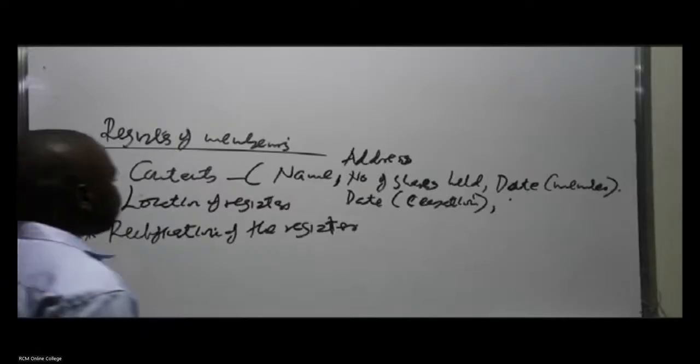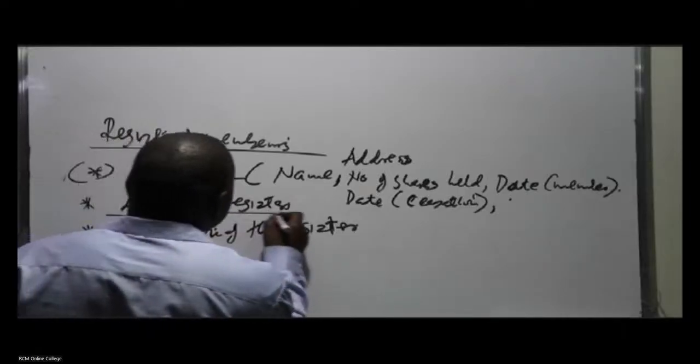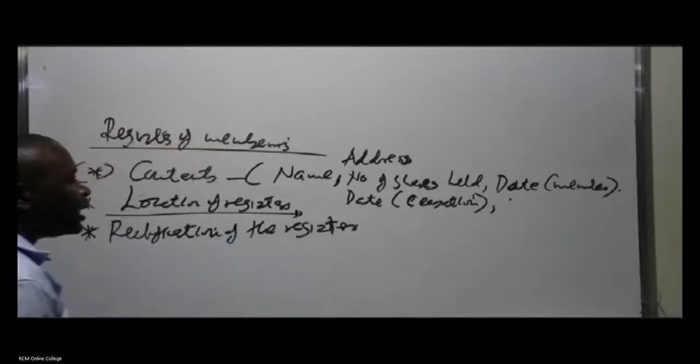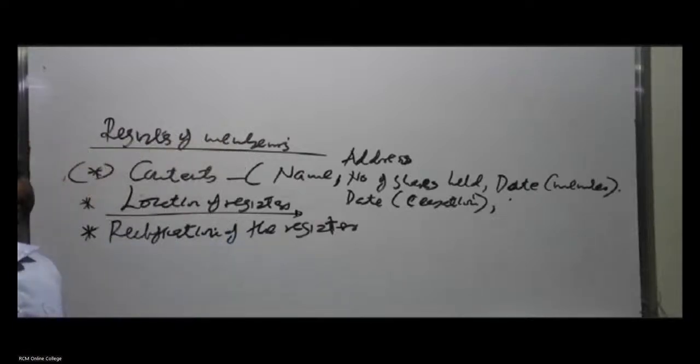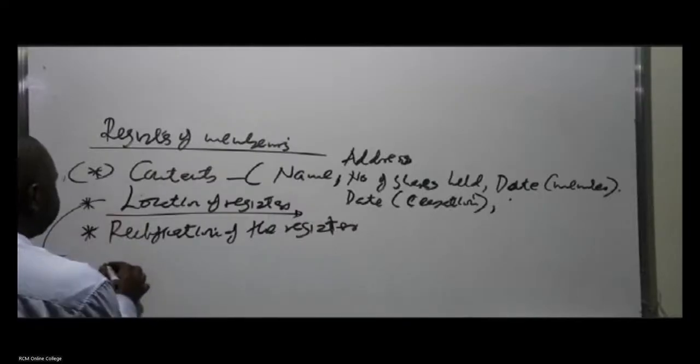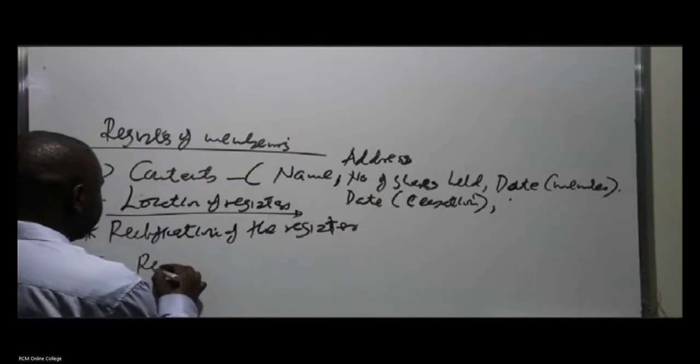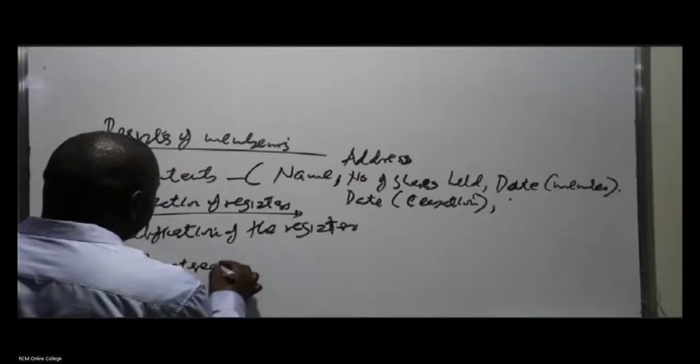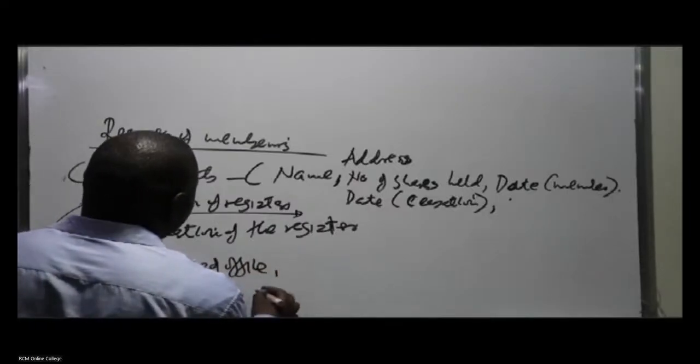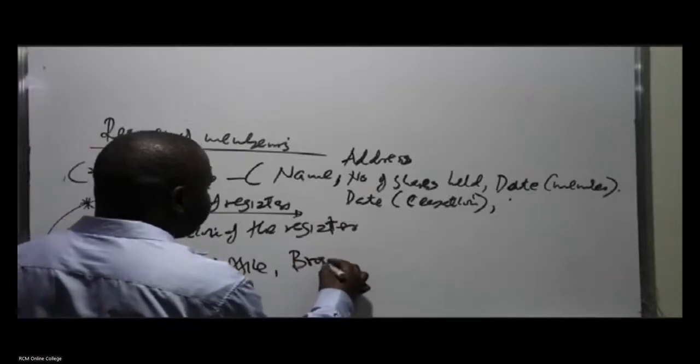Then when you talk about location, this register of members will be located at the registered office of the company. So there are those locations where it can be kept. It can be at the registered office, or it can be at any branch of the company.